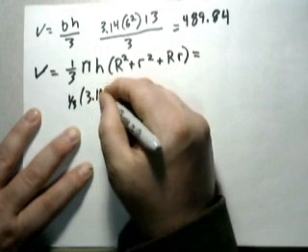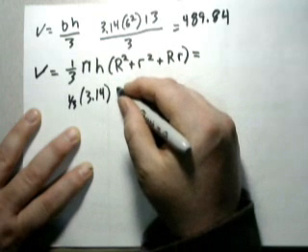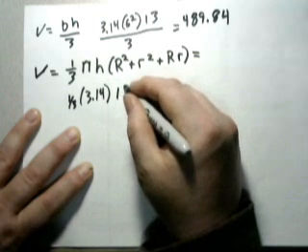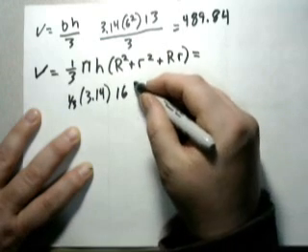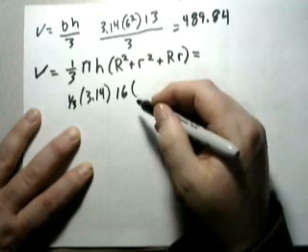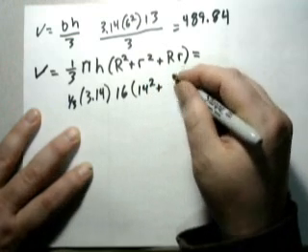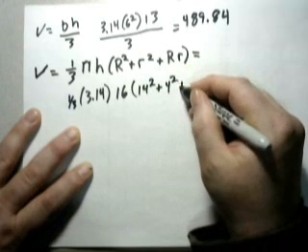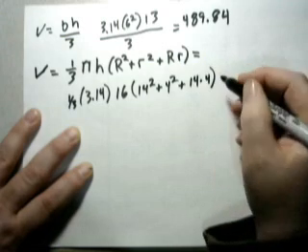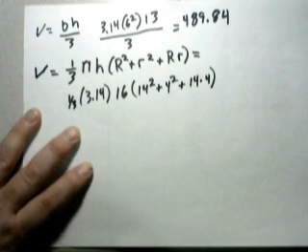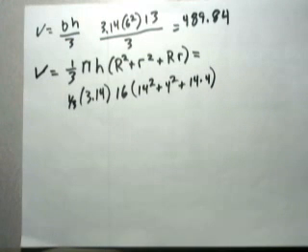1/3 times 3.14 times the height, which is 16, times the large radius squared, 14 squared, plus 4 squared, plus 14 times 4. Ta-da! I'll do the dividing by 3 at the end.